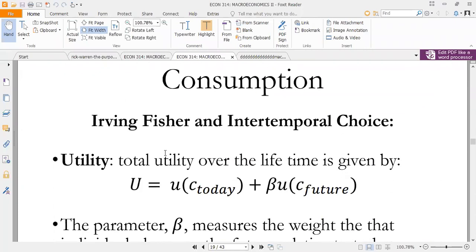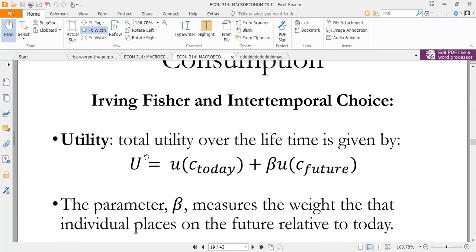So the total utility is equal to the utility that you get from consumption today, then beta times the utility that you derive from consuming in the future. This beta here is measuring how important you see future consumption, the weight that you put on future consumption.